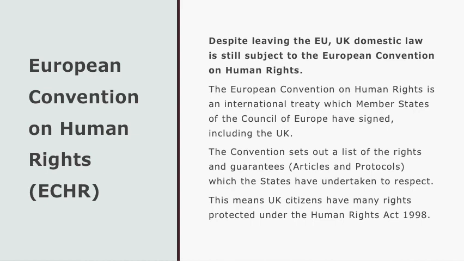The Convention sets out a list of the rights and guarantees, called Articles and Protocols, which the states have undertaken to respect. What this means is that UK citizens, like you and I, have many rights that are protected under the Human Rights Act that was passed in 1998.